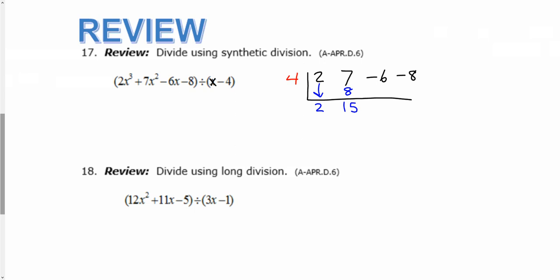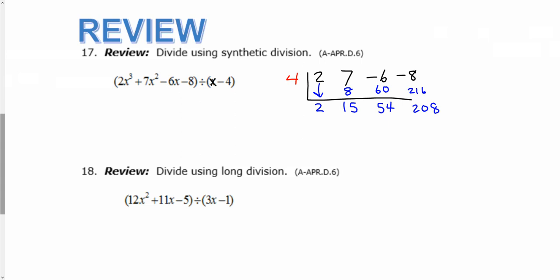Then you multiply again, because this is where it's repeating now. 4 times 15 is 60. And you combine. So that's 54. Then you multiply. 216. And then you combine. Was that 208?